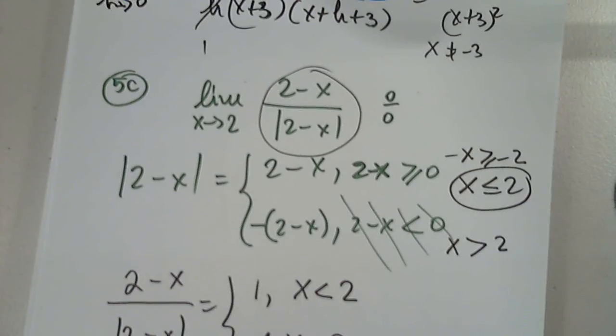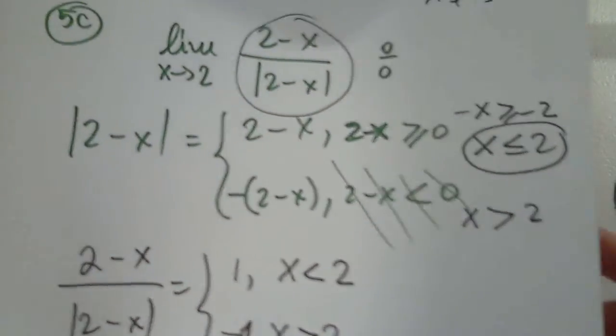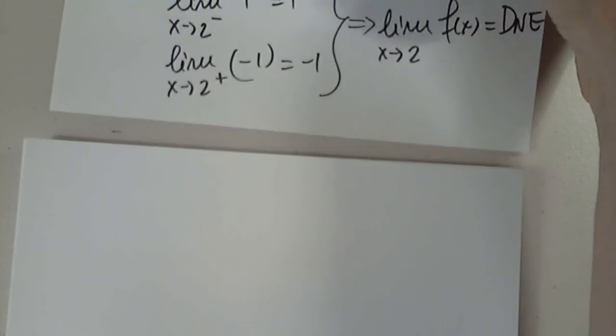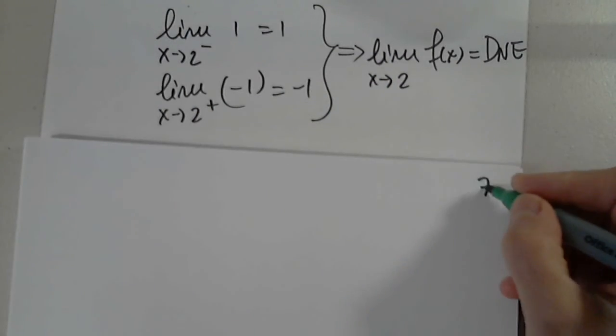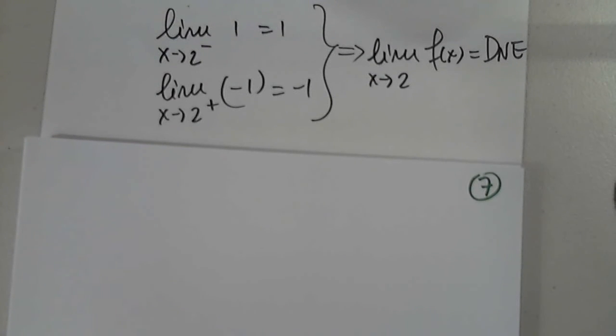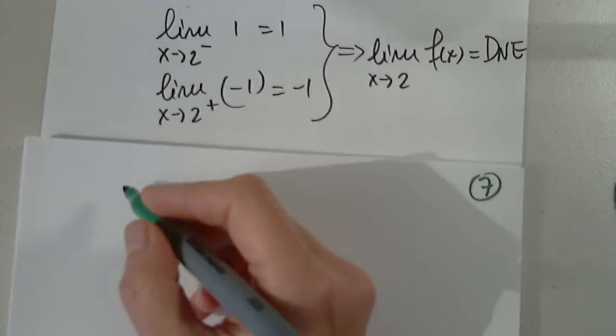We have to determine both sides. Okay. Number 11, yes? 10, yeah, 11. Okay, very good.